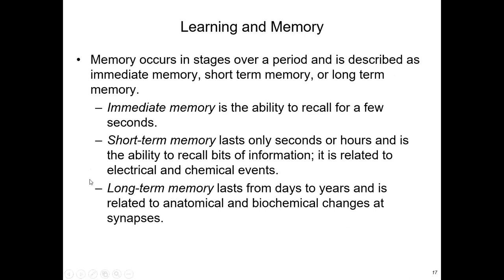This takes a long time to develop because this requires actually building new cellular structures. But again, the anatomical changes are at the cellular level. So the cellular anatomy of the neurons develops more complicated connections.